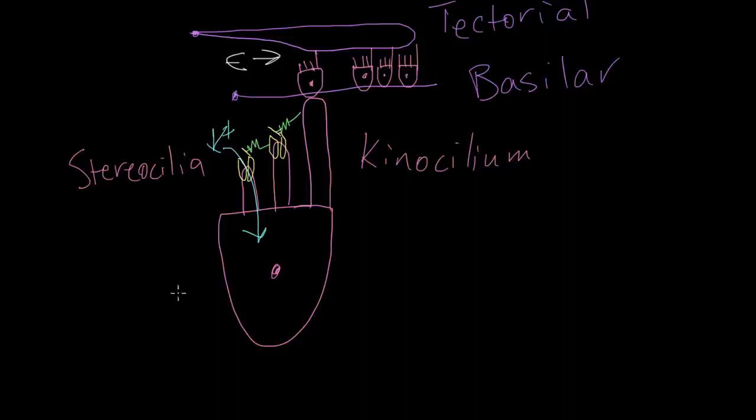And when potassium can flow into the cell, because potassium is in high concentration in the fluid around the hair cells, it's going to depolarize the cell. That's going to allow calcium to flow into the cell because these are voltage-gated channels.